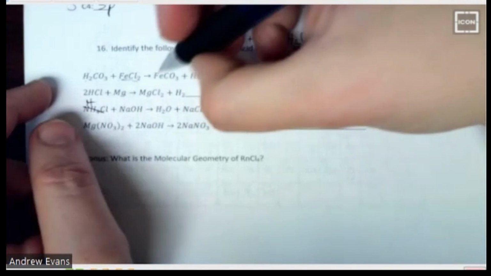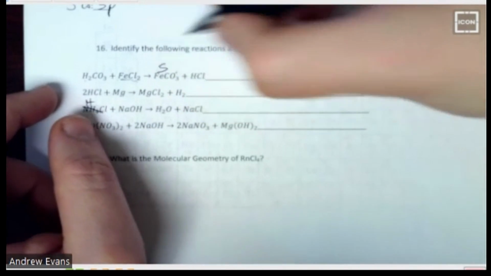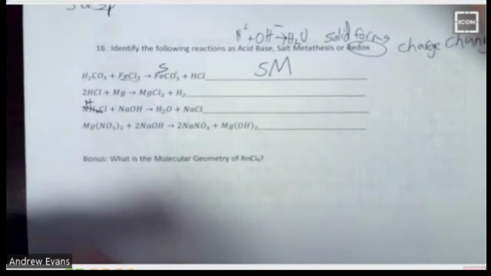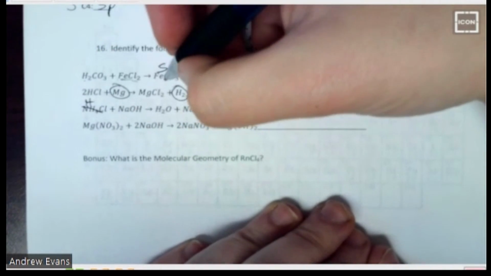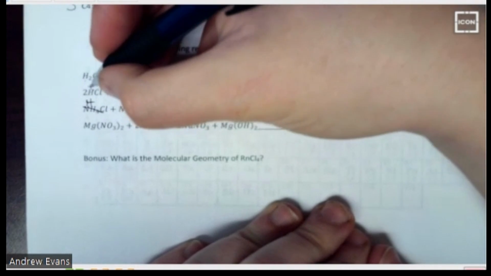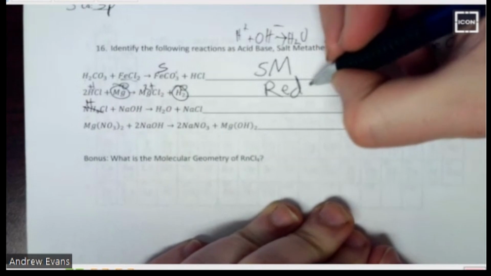So this guy, this is an acid, but this is not a base. What you have, if you check the solids, this guy is a solid. So it's a salt metathesis. This is a pure element. This is a pure element. So this has gone from 0 to 2 plus. This has gone from +1 to 0. This is a redox. I told you how to find them.